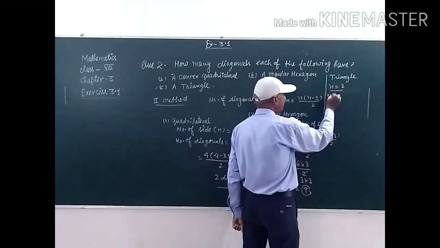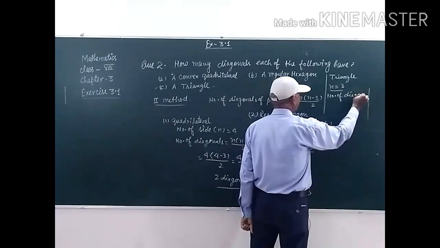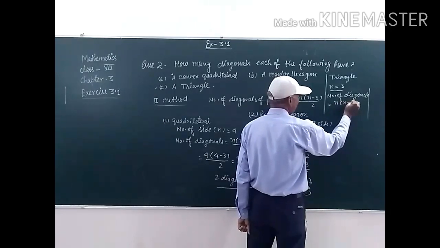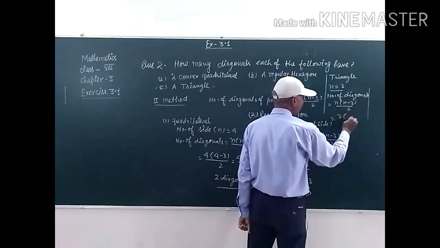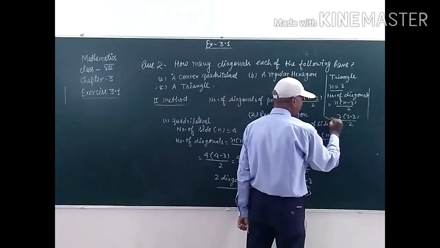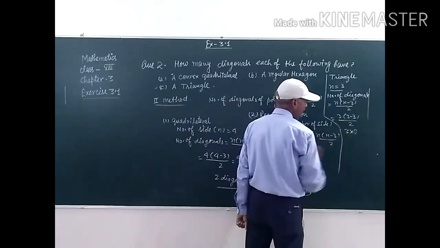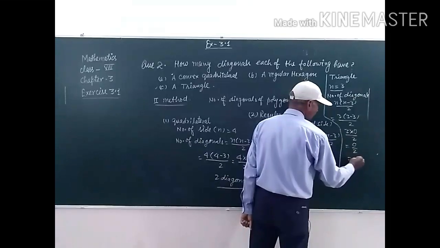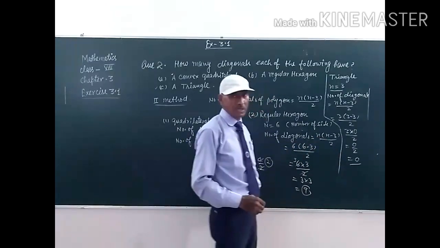So the number of diagonals is equal to n times n minus 3 by 2, which is 3 into 3 minus 3 by 2. 3 minus 3, student, will be 0. 3 into 0 by 2 is equal to 0 by 2, which is equal to 0. So the number of diagonals in a triangle will be 0 here, student.